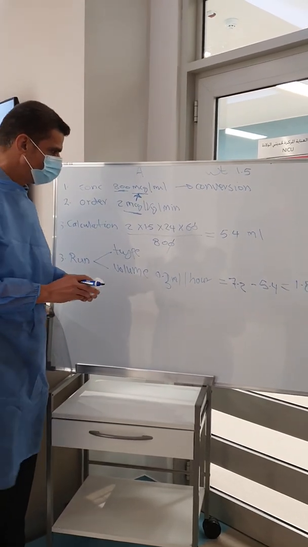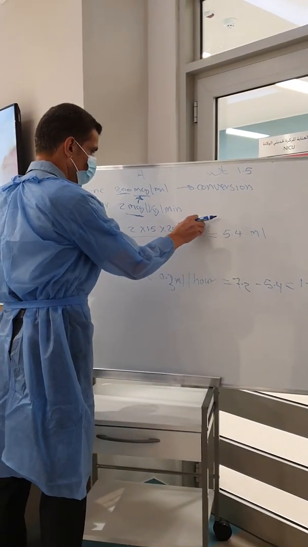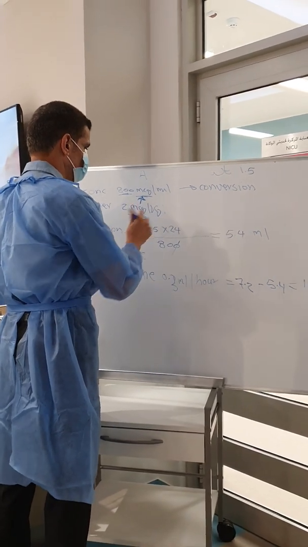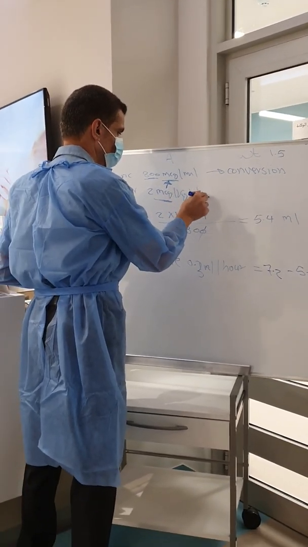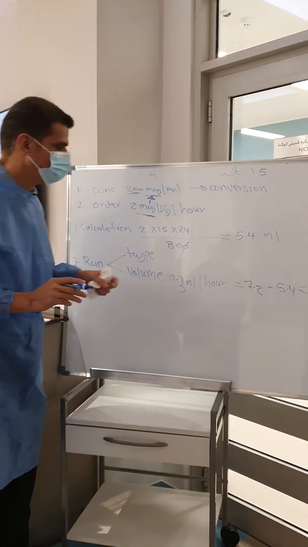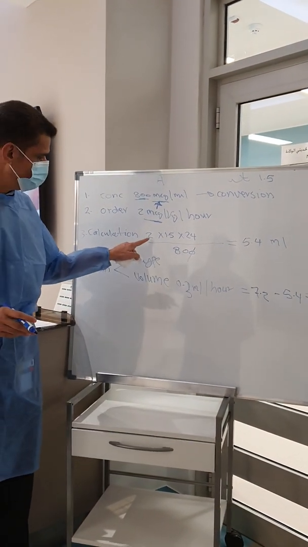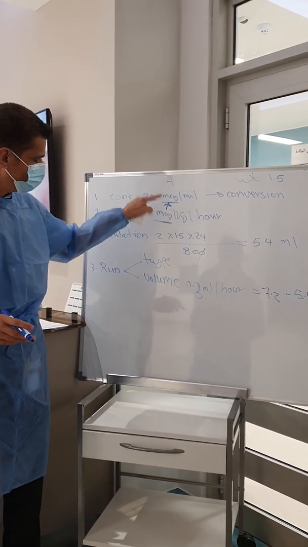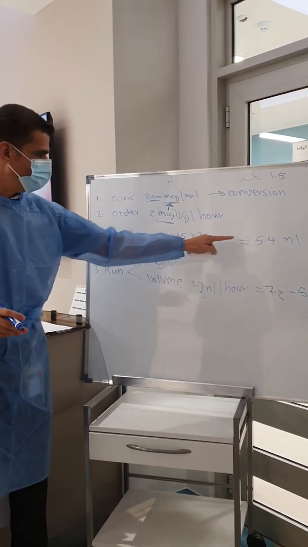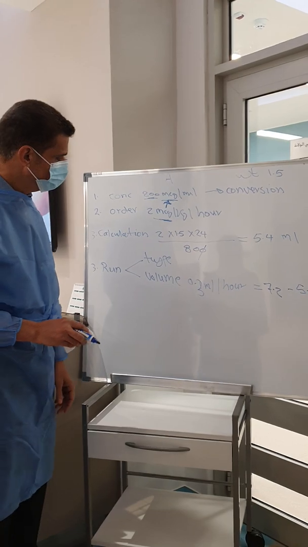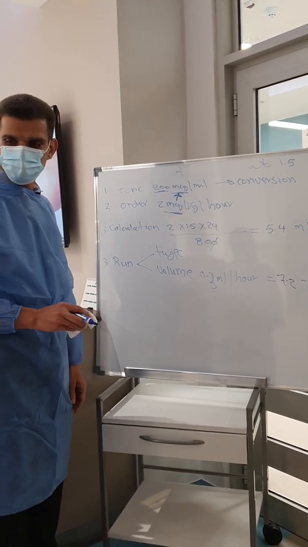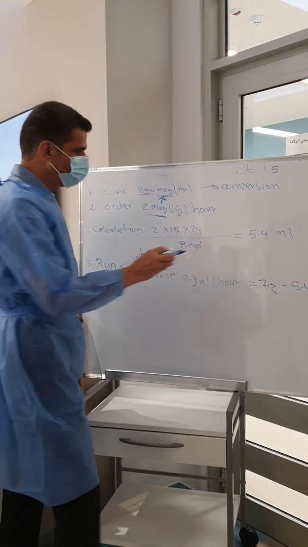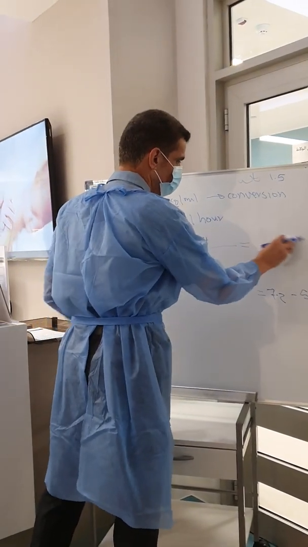So let's change this and see if it's per hour, and see the difference. Now this is another example. Please multiply 2 mic per kg per hour, same dose, there is no conversion. How much do you get? 0.09.